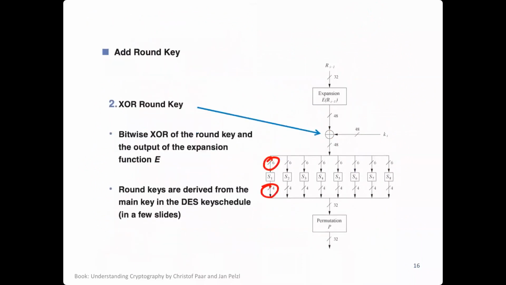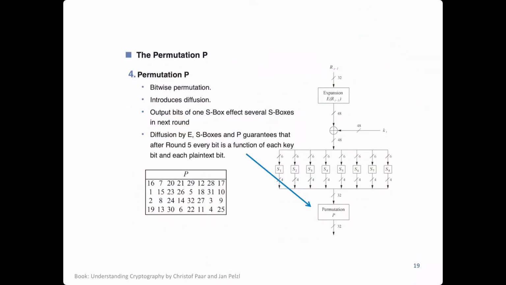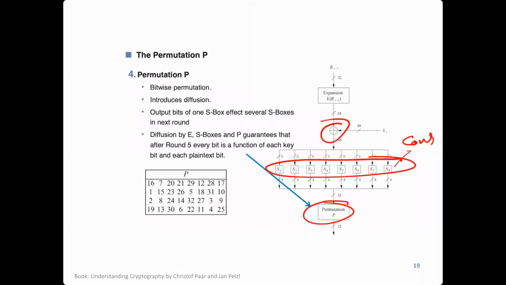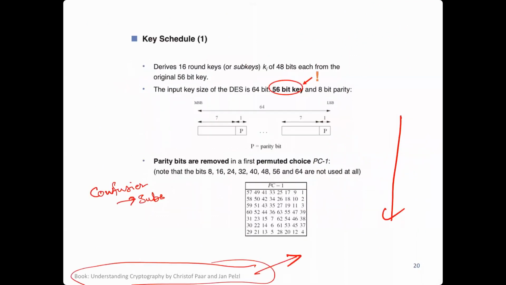So the substitution gives you confusion. The diffusion is by what? XOR function mainly, or permutations. The initial permutation, or the permutation at the end, gives you diffusion.